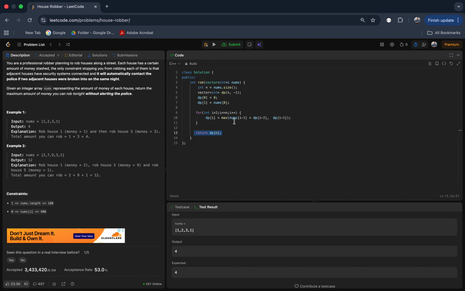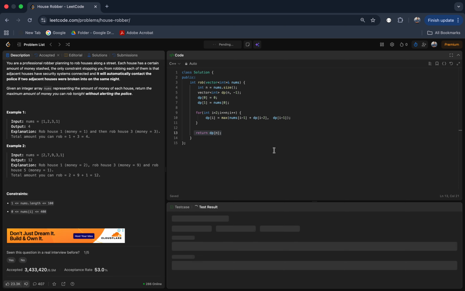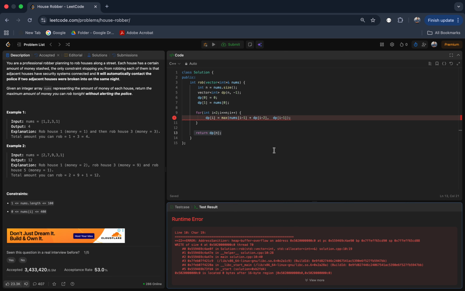So dp of i is all done. And I will run this, and okay, something is wrong here. What is wrong? I am starting from i equal to 2, i less than or equal to n, and i plus plus. Okay, I am going from 2 to n.